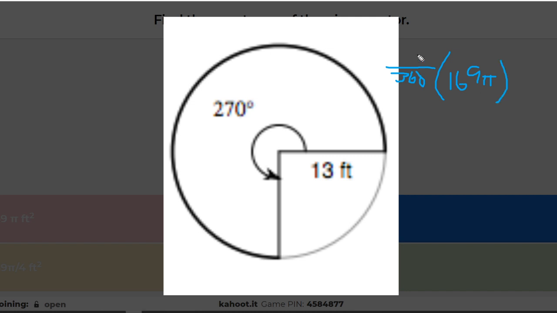And the only thing left is the arc measure, which is 270. Now, this is the part, sadly, that a bunch of you are struggling with: you do not know how to reduce fractions. Scientific calculators will do it for you, but if not, you've got to know the biggest number I can divide those two by is 90. And since 4 and 169 do not have a common factor, where's my calculator?